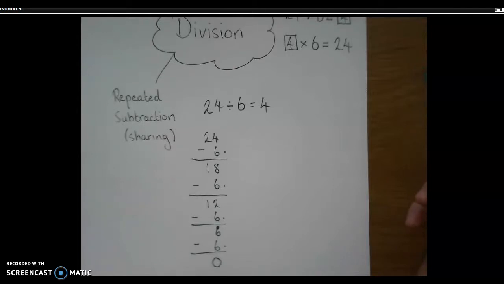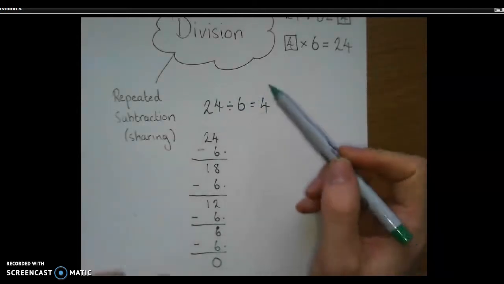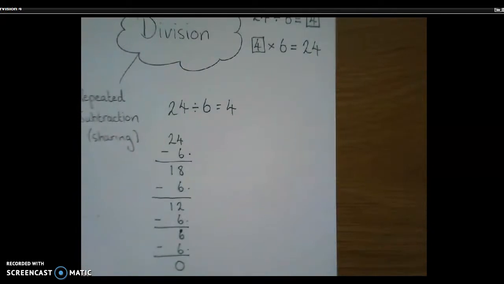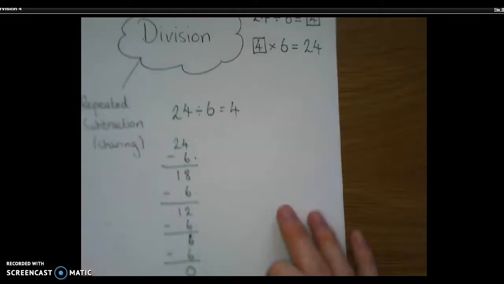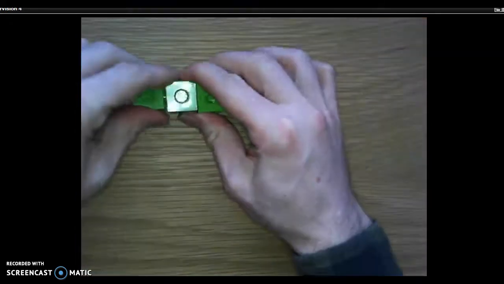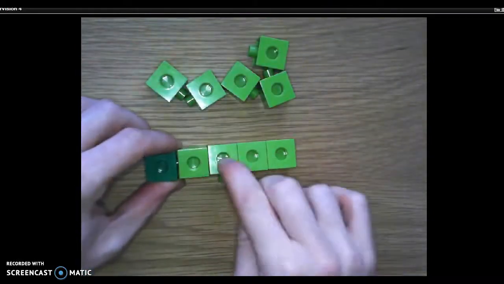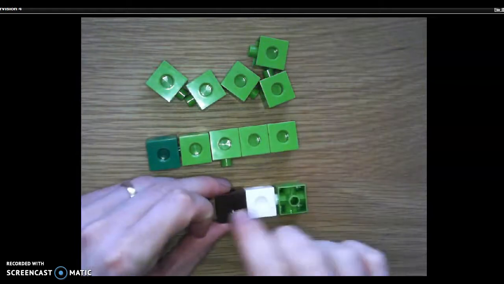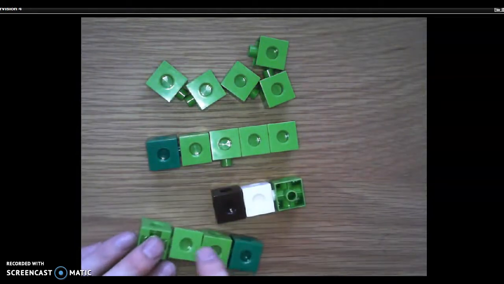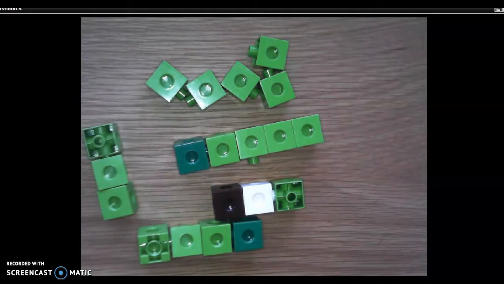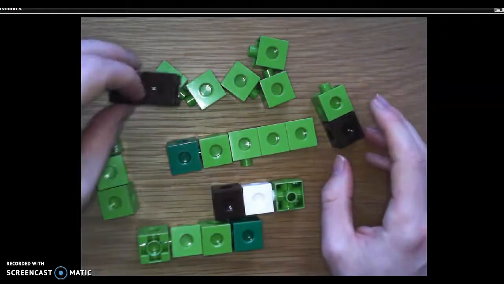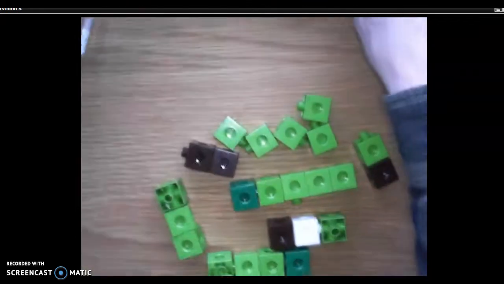Okay? So we're going to stay with this sum for a moment again. If you want to have more of a visual, if you're a visual learner, okay, let's have 24 of these fellas. 24, 1, 2, 3, up to 24. Okay, it's the same sum.